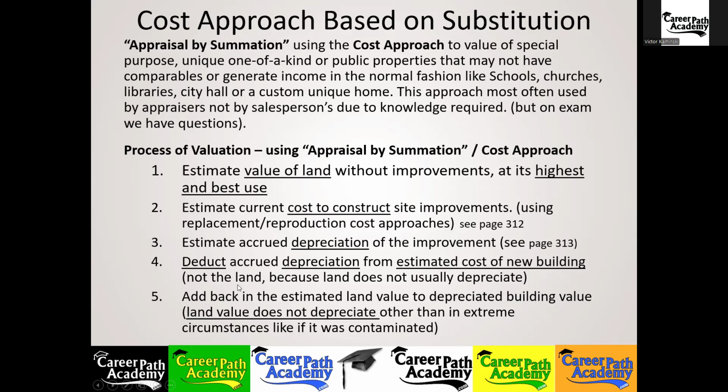Remember also that land does not depreciate. And then you add back in the estimated value of the depreciated building to the land's value. Remember, you can't depreciate land because land does not depreciate, except in extreme circumstances, like if it was contaminated.